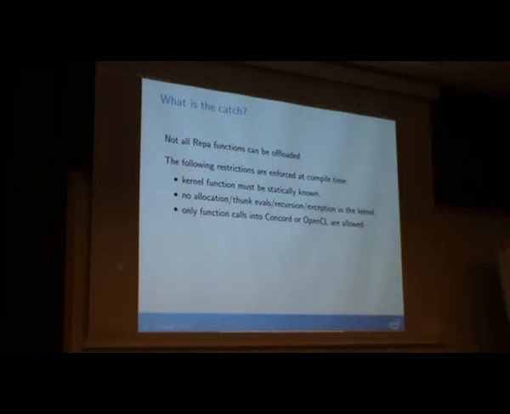what's the catch? Like I mentioned, we can only do a subset. Not all Repa functions can be offloaded. One of the first limitations is that we must statically know at compile time which function we really want to offload. If you have a very dynamic program that creates a runtime closure or some dynamic function pointer and just want to offload that, we cannot support it.